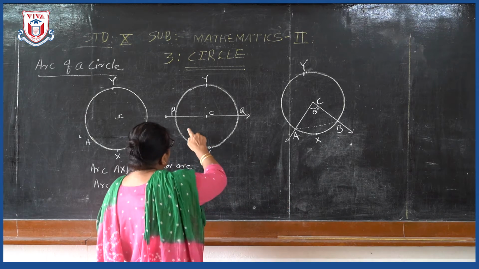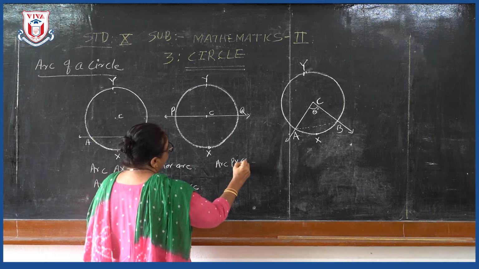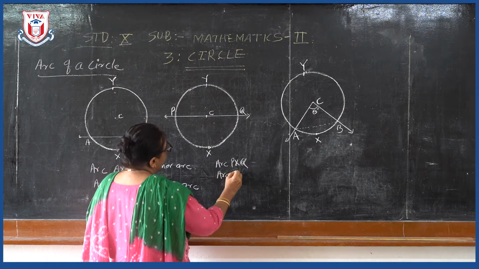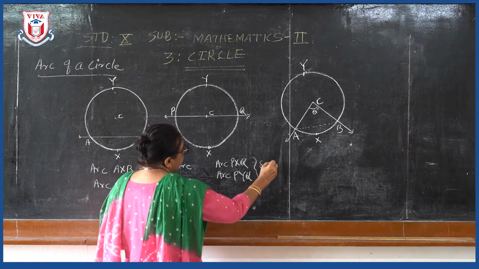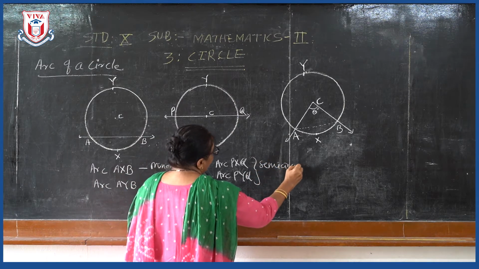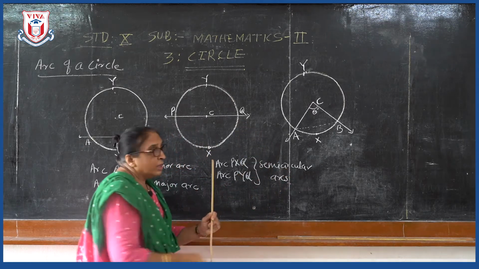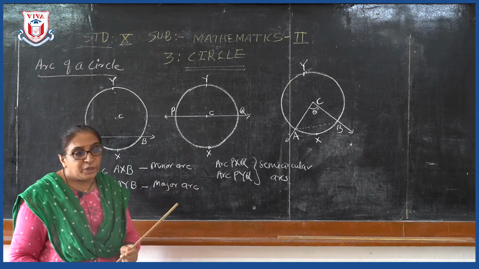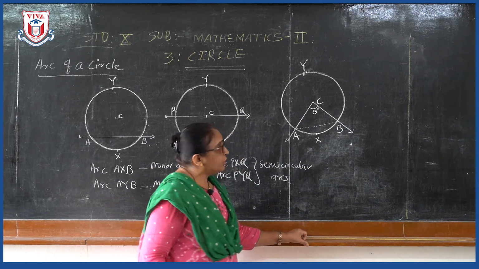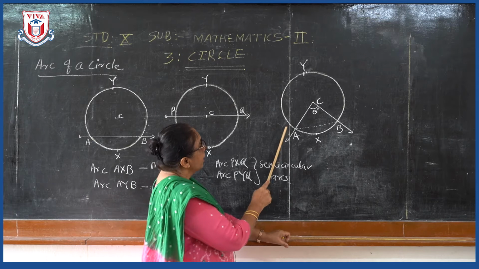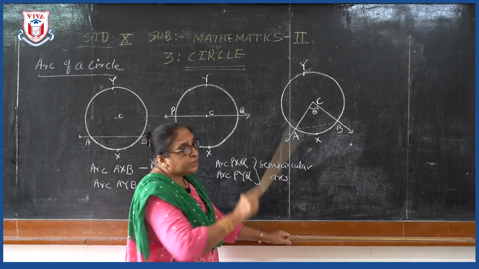So here we can say that arc PXQ or arc PYQ both are called semicircular arc. So they are equal in measure. Now in the third figure, if you see, A and B are any 2 points.